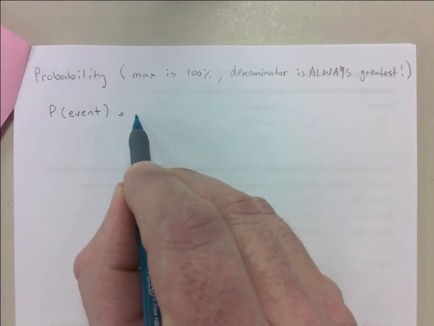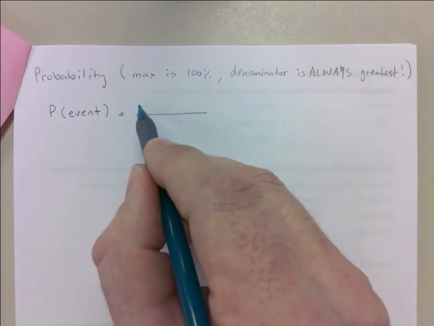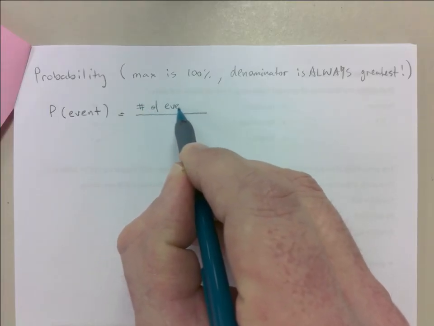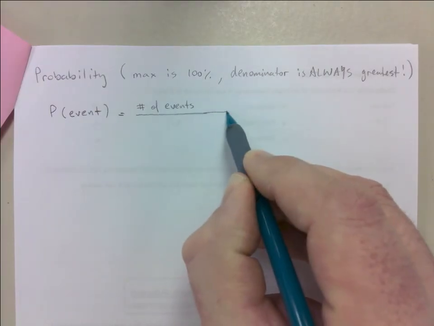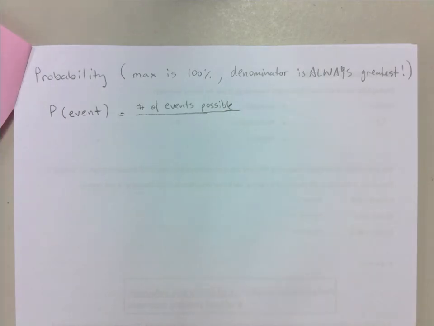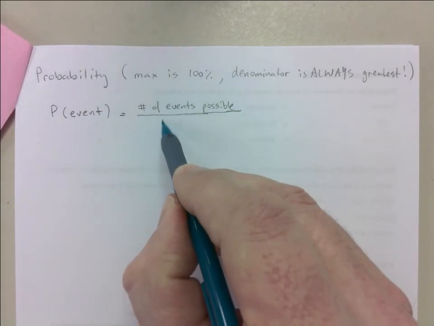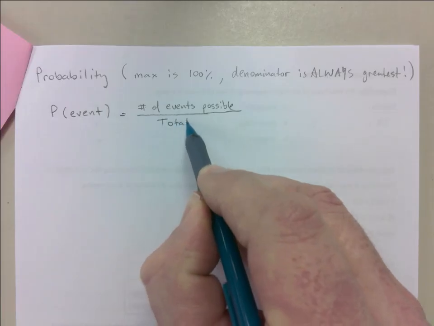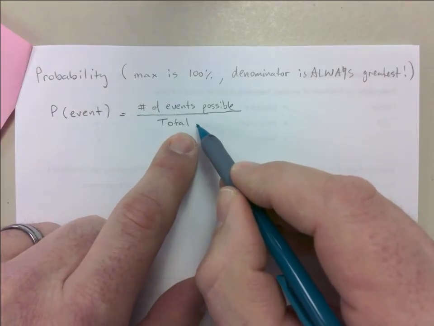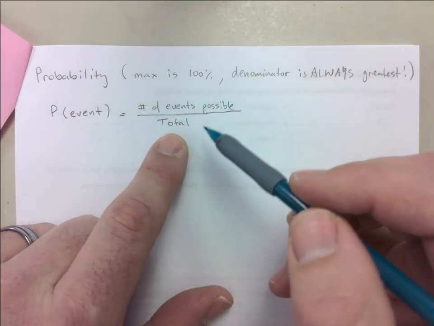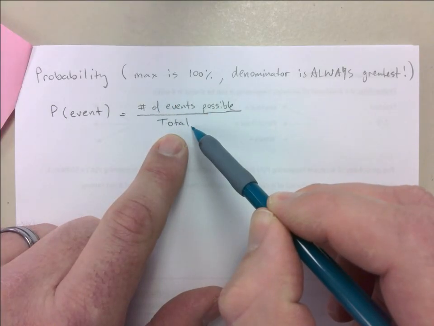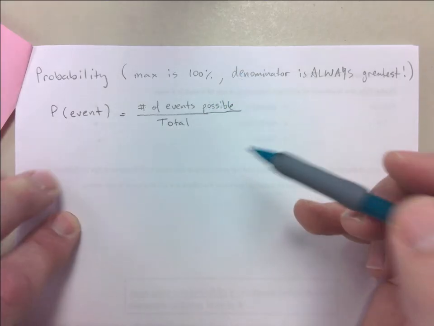You basically want to stack it like this, and you want the number of events that are possible over, this is the big distinction between probability and odds, the total events, right? So for drawing a face card, how many face cards are there? 12. In total, we've got 52, right? So that's what that would be.